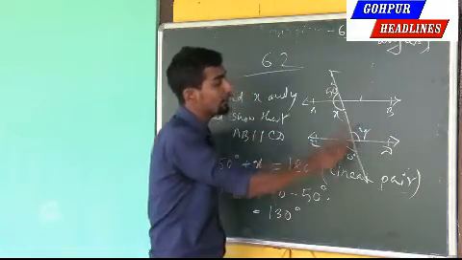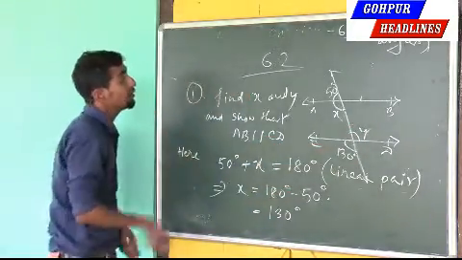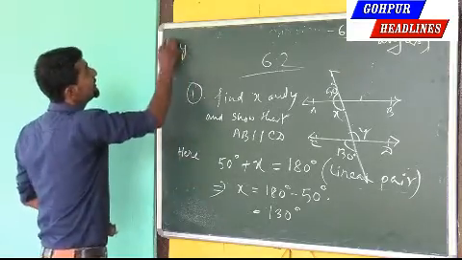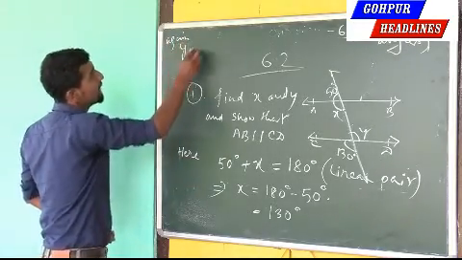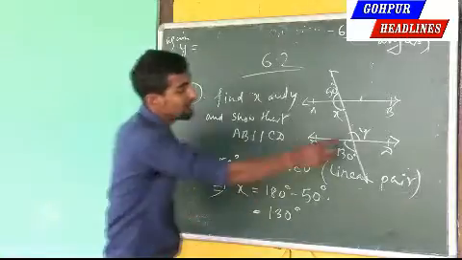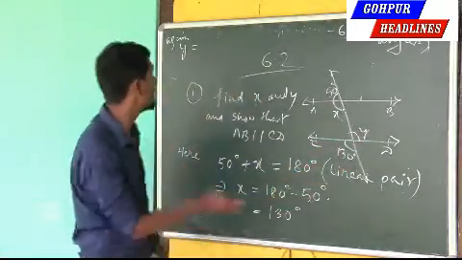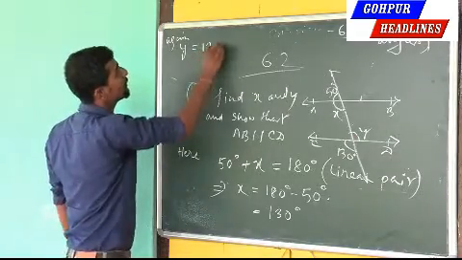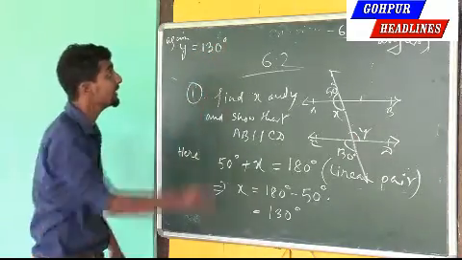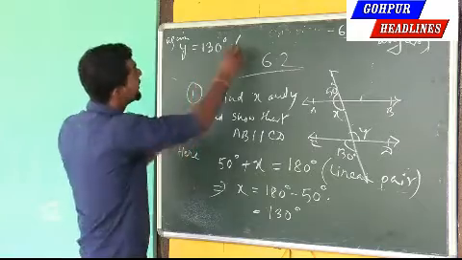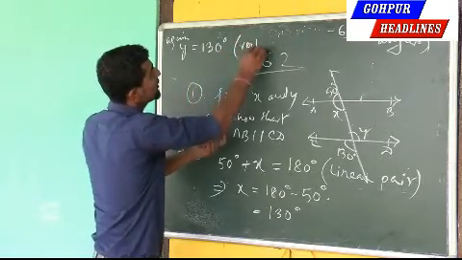So here I write 130. These angles are vertically opposite angles, and vertically opposite angles are always equal. So y is equal to 130 degrees, and the reason is also required.